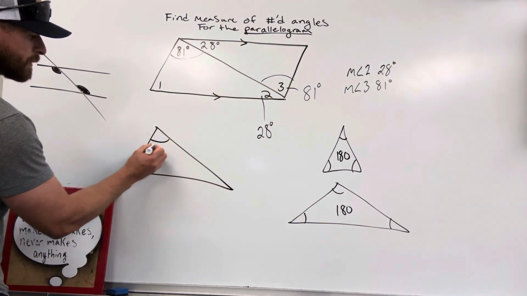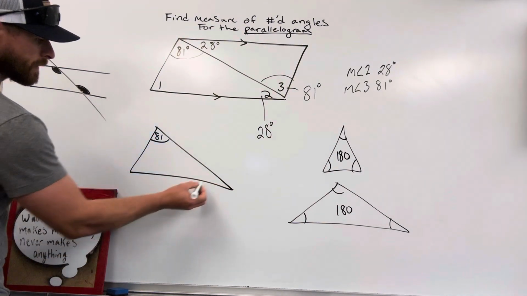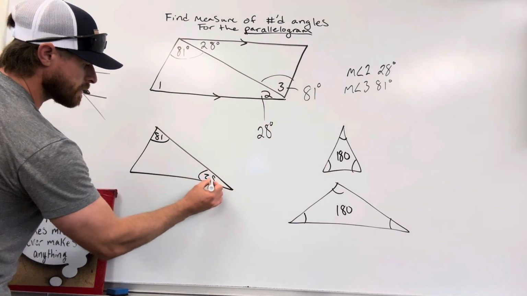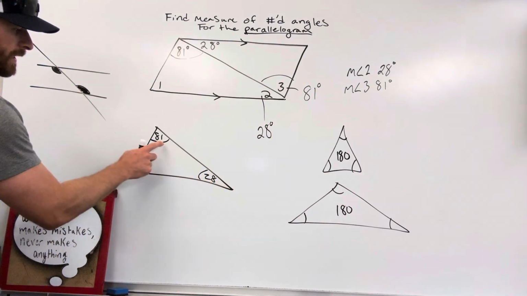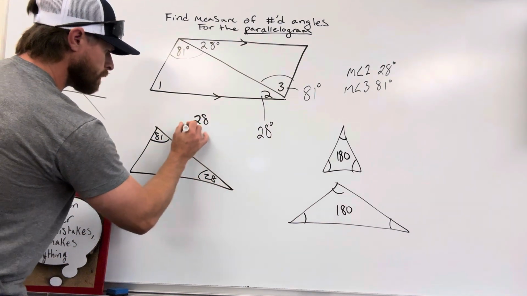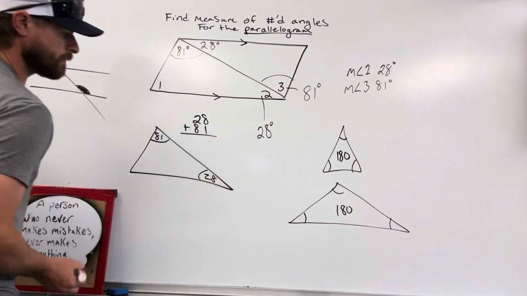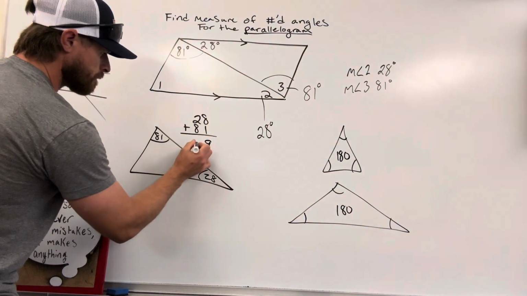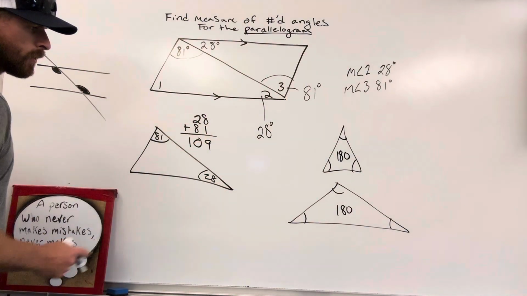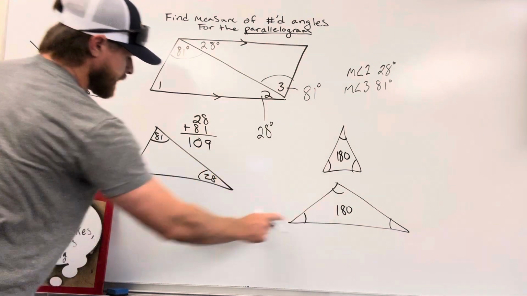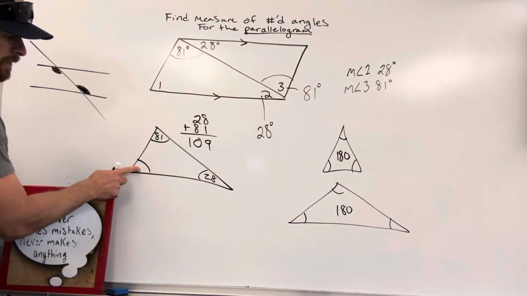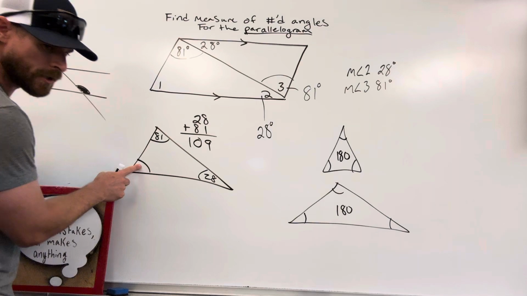We know that this angle up here is 81. We know that this angle down here is 28. So what we can do is combine 28 and 81. 28 plus 81 is going to give you a total of 109. Well, how far off are we from 180? We are missing some angle here that needs to get us to a total of 180.